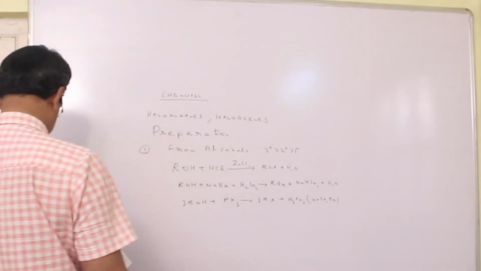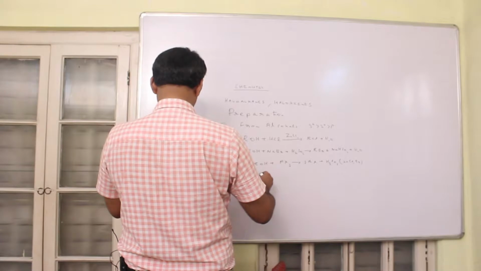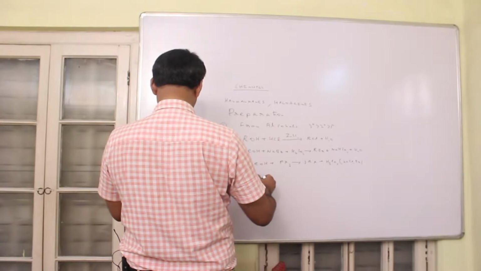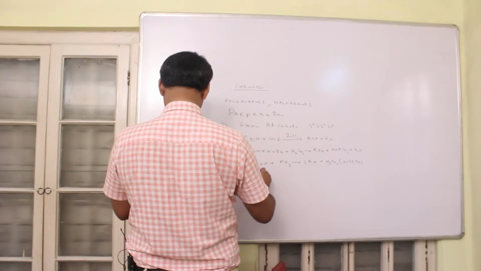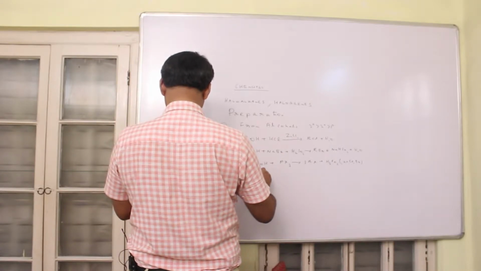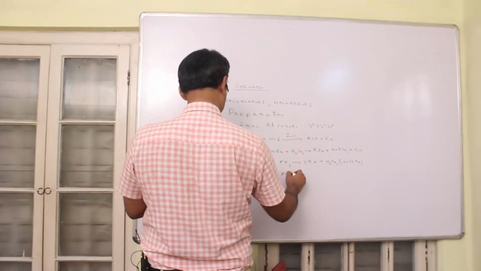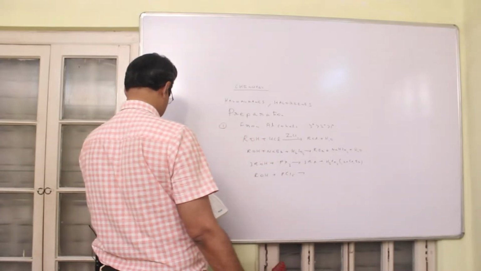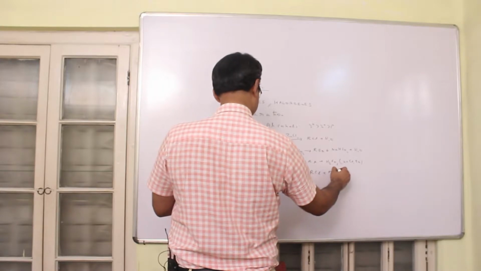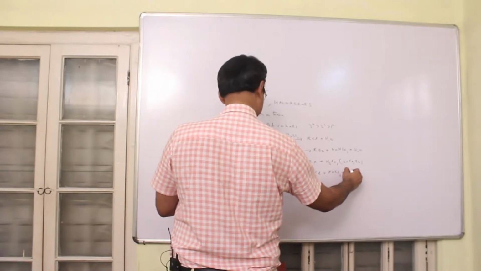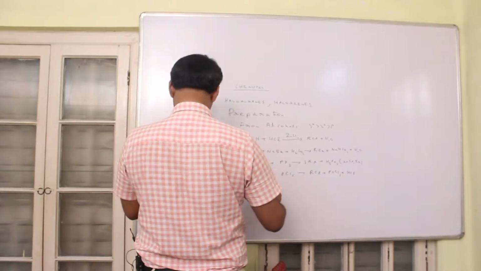The halide has to be chloride or bromide. Phosphorus pentachloride. So with phosphorus pentachloride also we can get haloalkane.